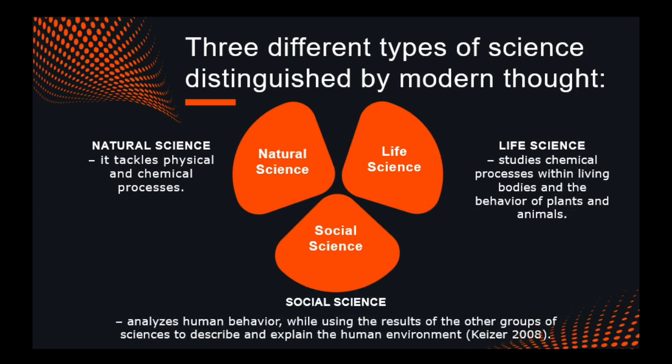However, for social science, it analyzes human behavior while using the results of other groups of science to describe and explain the human environment. So, when we define social science as a discipline that aims to explain human behavior, what comes to mind are the social interactions happening among people living in a certain environment.